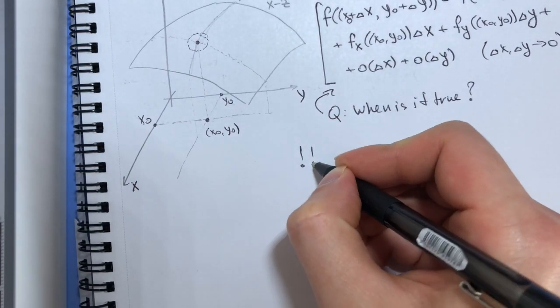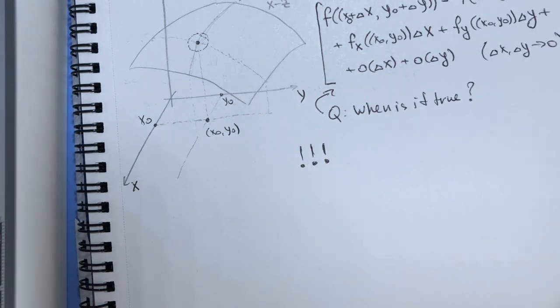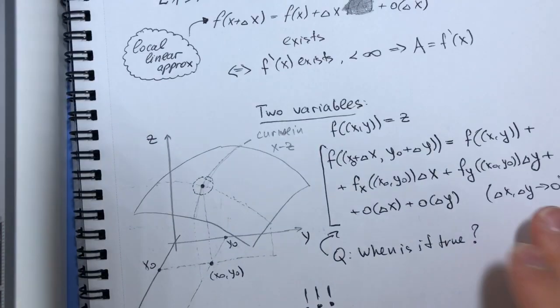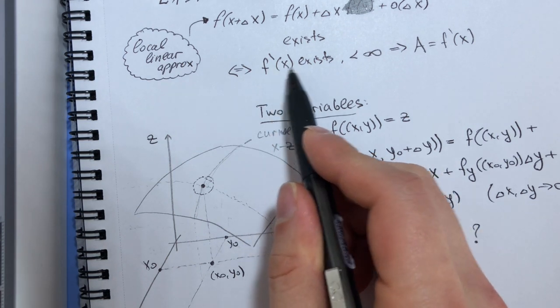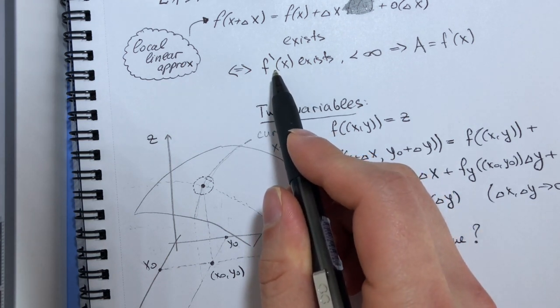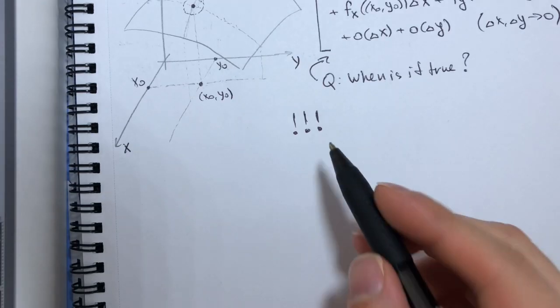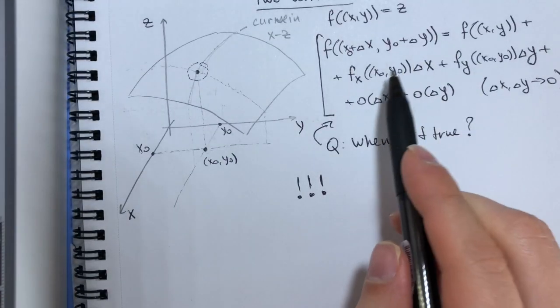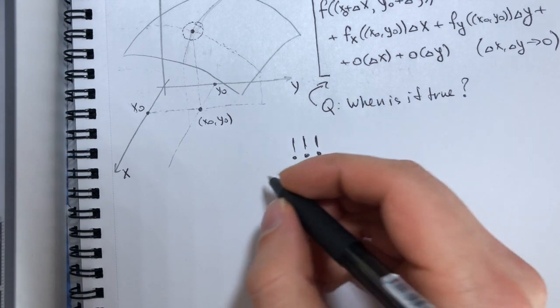And here's a very important point which we should stress. In the single variable case, existence of a derivative was enough and it was sufficient. But now, simple existence of partial derivatives is not enough.